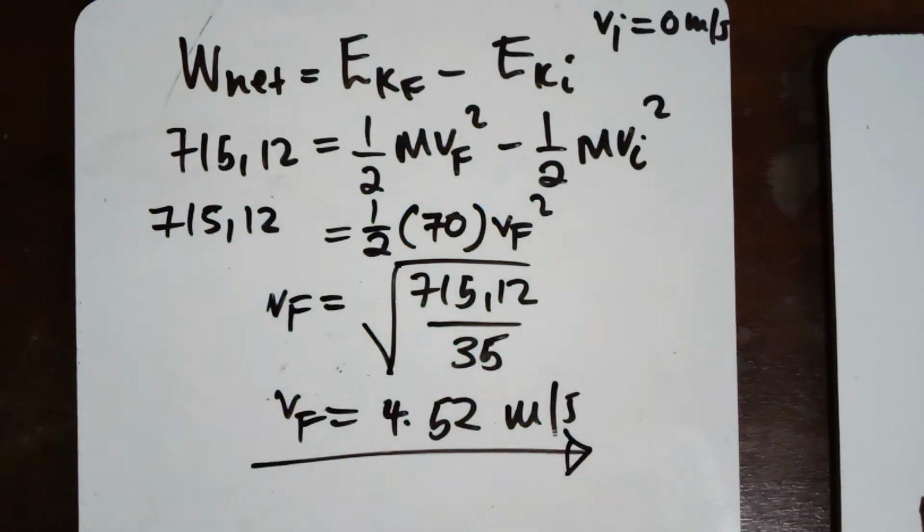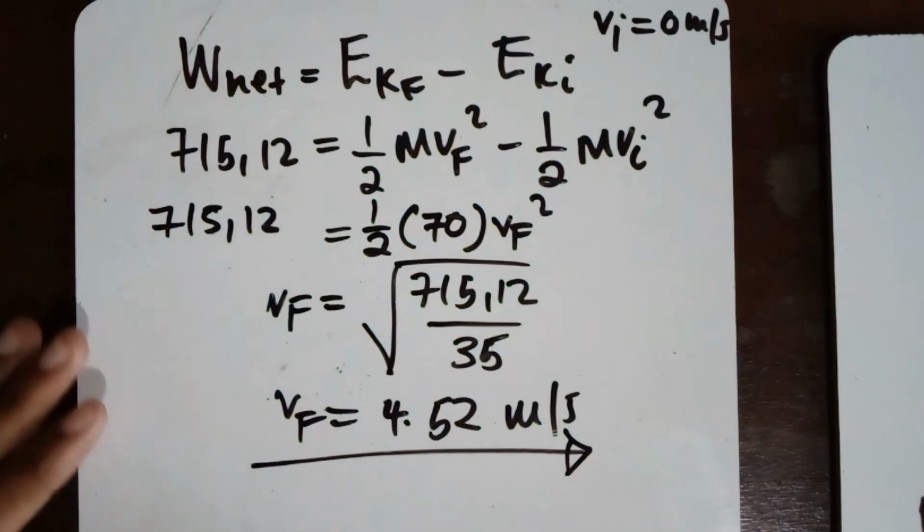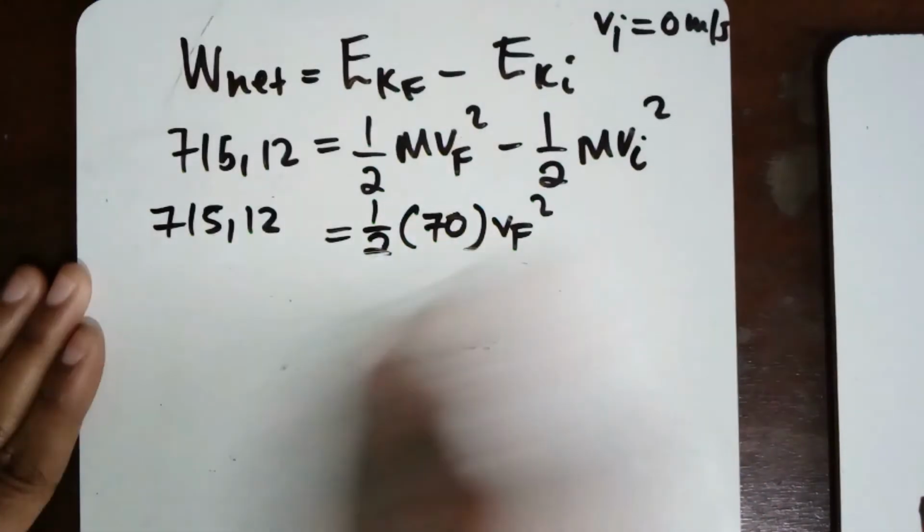So another method that we can use is, instead of using F net, to calculate the work done by all of these forces acting on this.